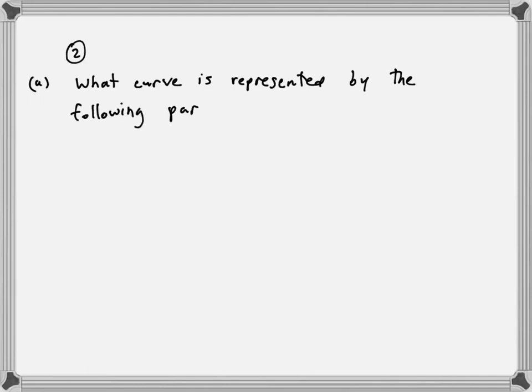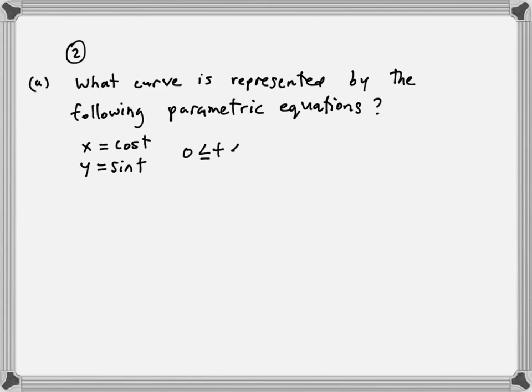So this is going to be part A. What curve is represented by the following parametric equations? Okay, so the curve is going to be x is equal to cosine t, and y is equal to sine t, and t is going to go from 0 to 2 pi.